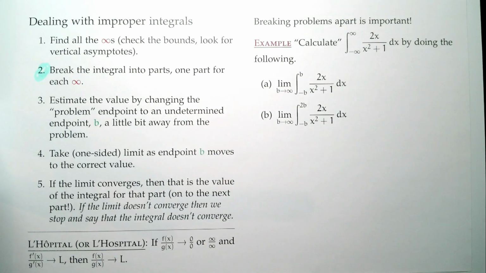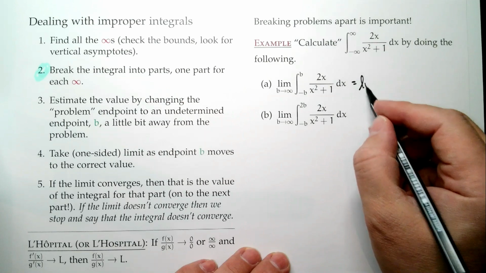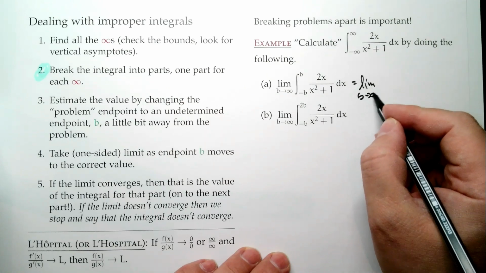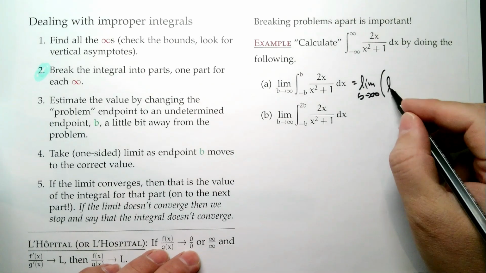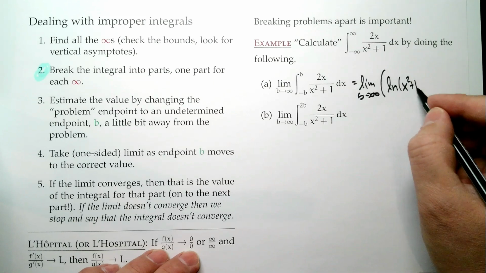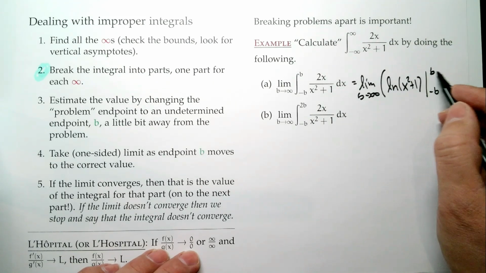Okay, so let's see. This would be the limit as b goes to infinity of, well, what's the antiderivative of 2x over x squared plus 1? Natural log of what? Yeah, natural log of x squared plus 1. Then we're going to evaluate that from negative b to positive b.